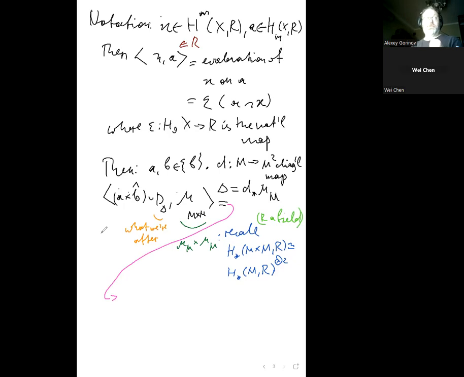Okay. Let's try to rewrite this formula. And what do we get?